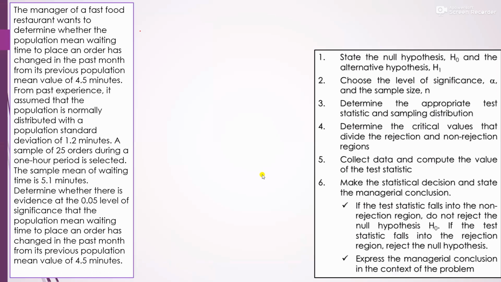Now, according to this problem, our first step is stating the null hypothesis H0 and the alternative hypothesis H1. First, we identified from this problem that the mean waiting time is the population parameter, and this population parameter denotes the mean waiting time, right?